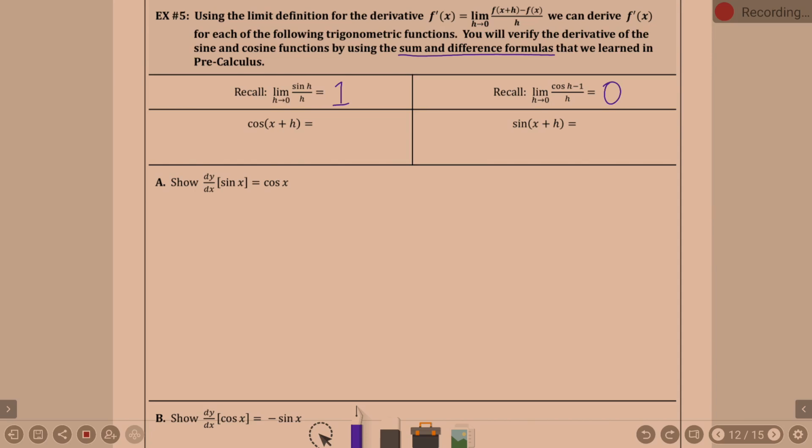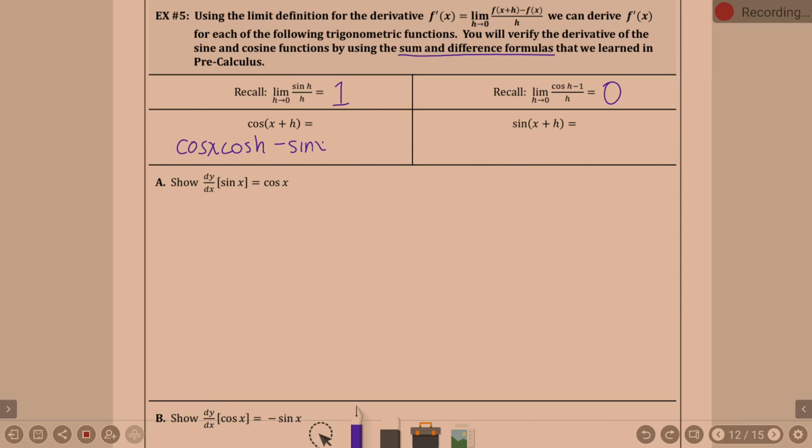Right here. Cosine x times cosine h minus sine x sine h.